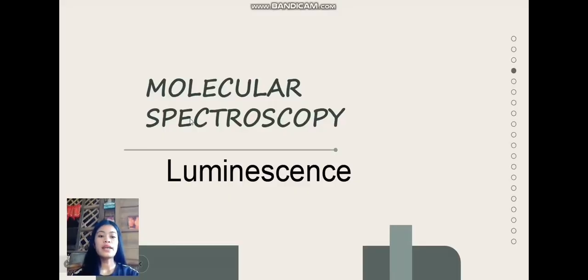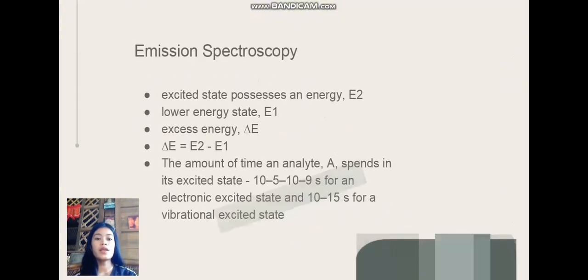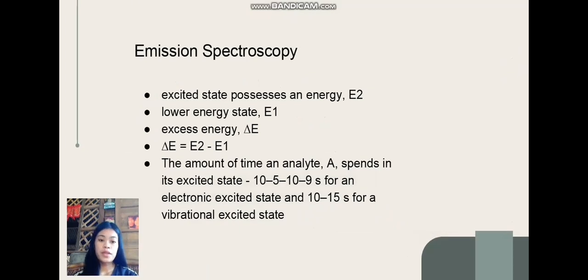So, good day again. Now let's move on to our next topic, which is molecular spectroscopy. Let's start with emission spectroscopy. An analyte's excited state possesses an energy denoted by E2, and an analyte's lower energy state is denoted by E1.